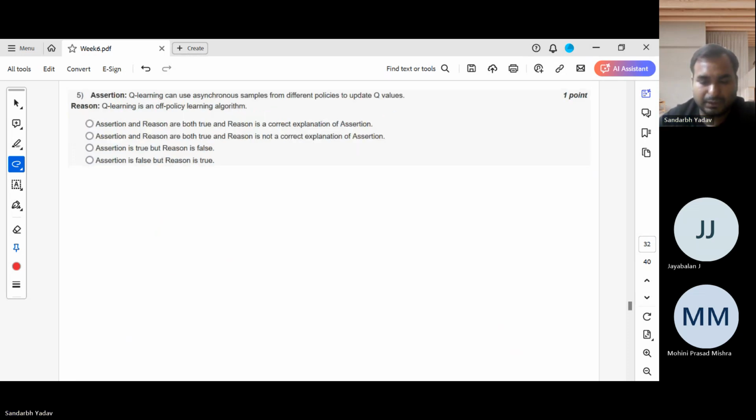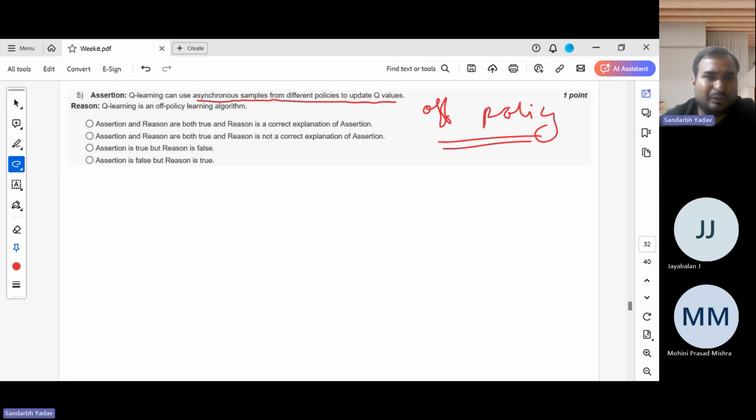Q learning can use asynchronous samples from different policies to update Q values. Asynchronous basically means something which is not generated by the same policy, right? We know that Q learning is off policy. For off policy algorithms, we can actually do this, and we can use some other policy, behavior policies, estimation policies, something different. So we can use asynchronous samples.